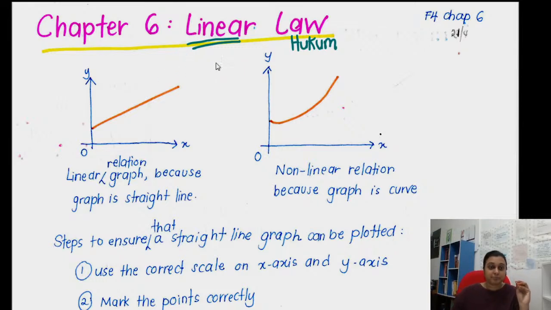So remember, for linear, we always make sure the kuasa is kuasa 1. The second thing for linear is that the graph akan jadi garis lurus. It's a straight line graph.